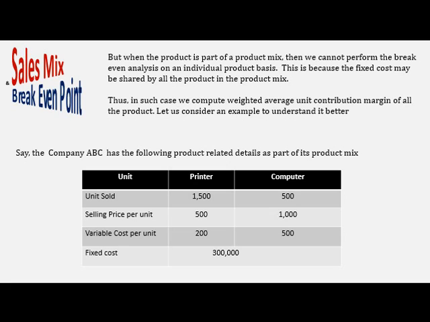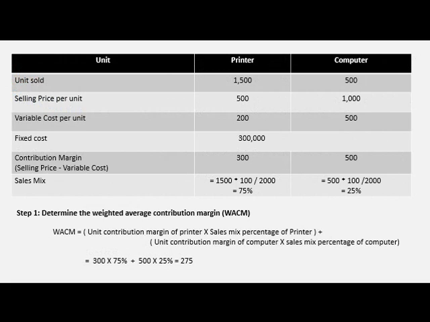Let's look at how we determine the weighted contribution margin. We can calculate the contribution margin for each product by subtracting variable cost per unit from selling price per unit. For printer it would be 500 minus 200, that is 300 as the contribution margin. For computer it would be 1,000 minus 500, that is 500 as the contribution margin. We also need to determine the sales mix, as we demonstrated earlier.